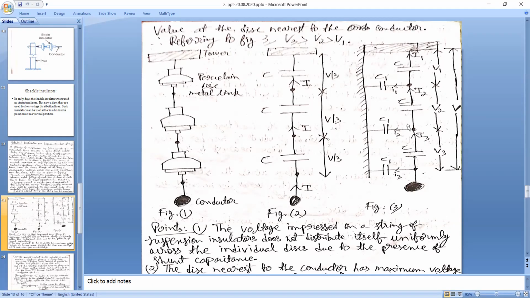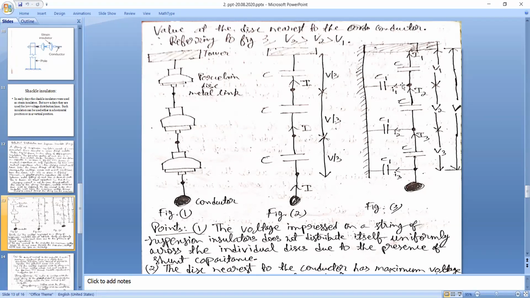Now you see, previously we had the same current I through all these mutual or self capacitances. But now through the topmost C you have current capital I1, through the middle C you have current capital I2, and through the bottommost C you have current capital I3. As a result, I1, I2, and I3 are not equal to each other. Why?